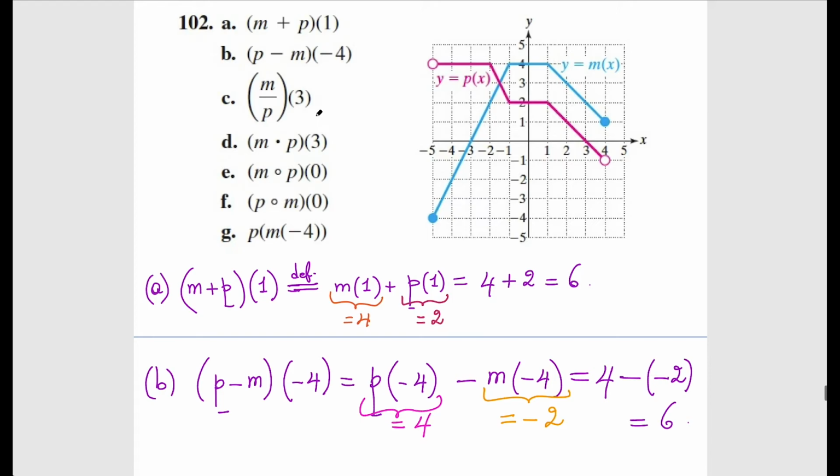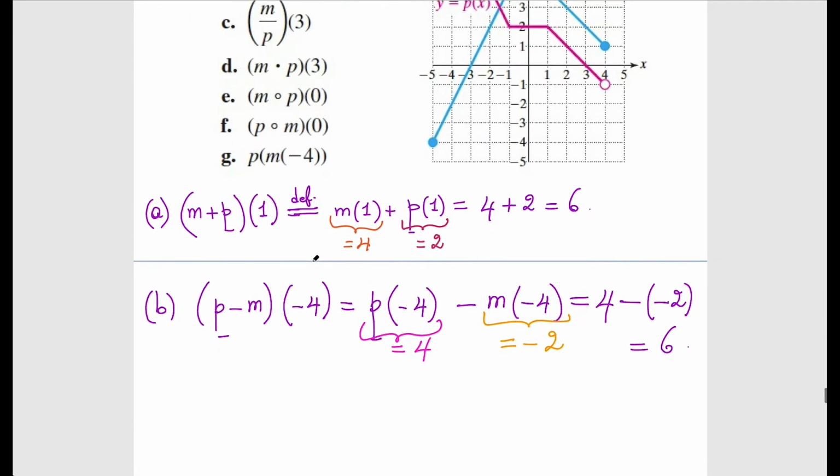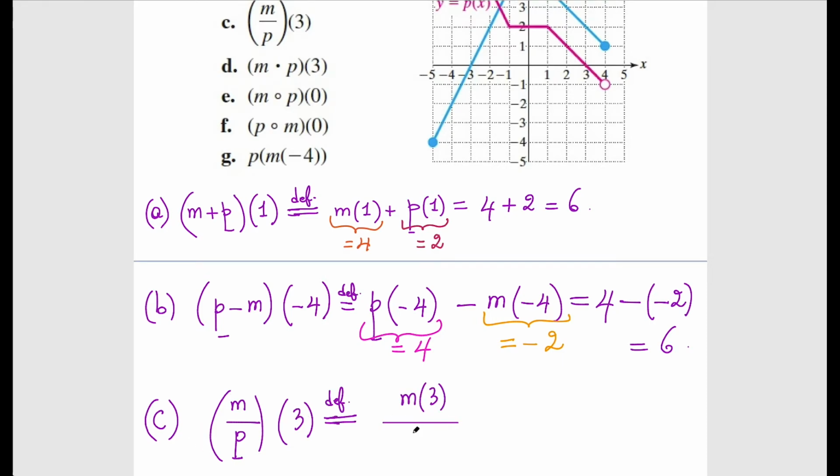Okay, part C. M over P, the quotient function, acting at 3. Based on the definition of the quotient function, I know that this is going to equal, again by definition, M of 3 divided by P of 3, right?